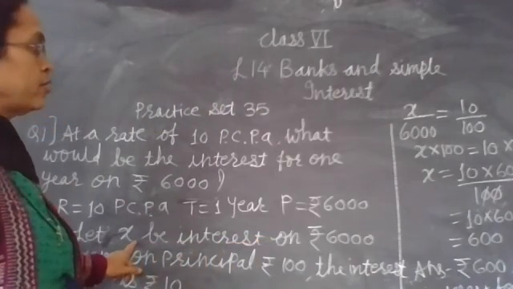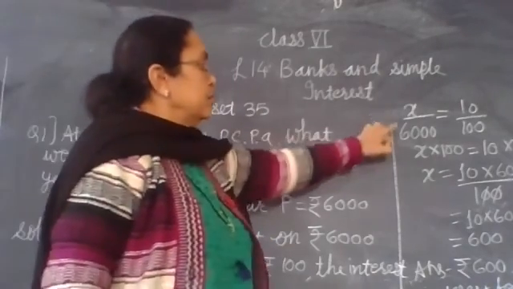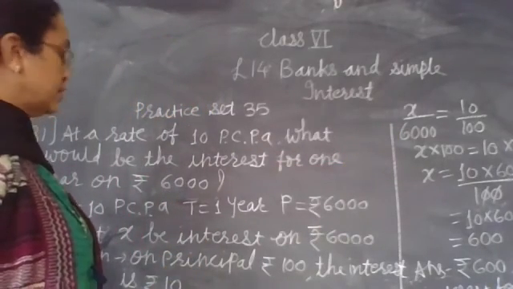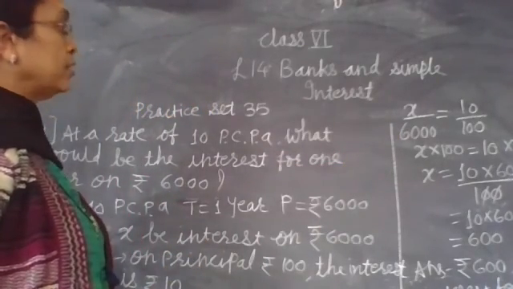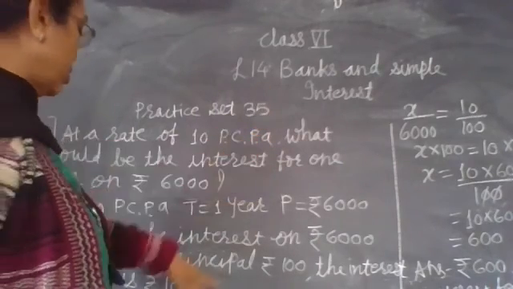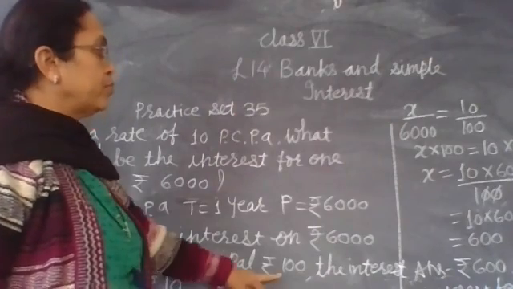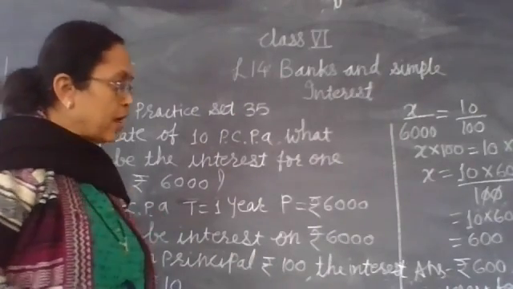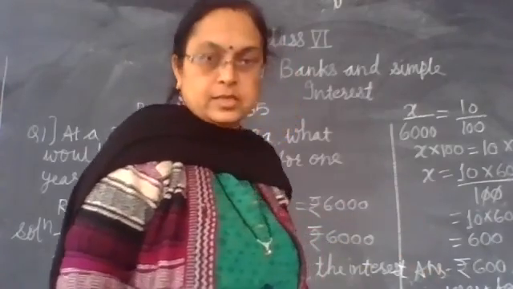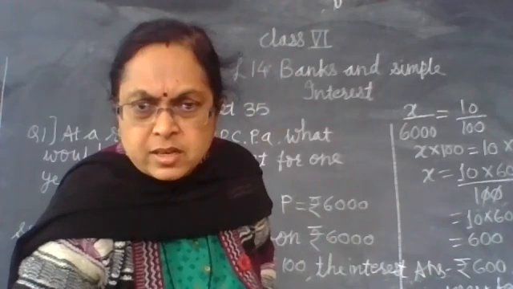In the first case we have taken x as interest, so x upon 6,000, where 6,000 was the principal. With the given 10 PCPA, we have done 10 upon 100, meaning 10 is the interest and principal is 100. So like this, by cross multiplying, we have got this answer. Now the next sum we will see in the next class.